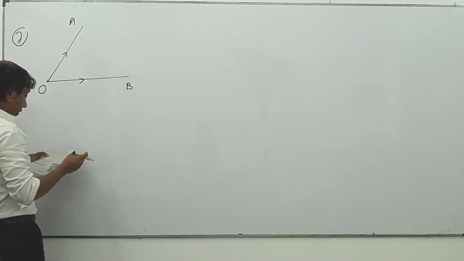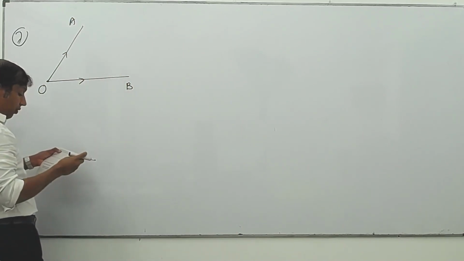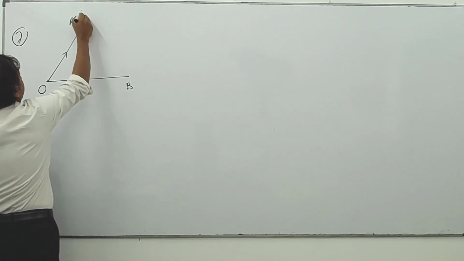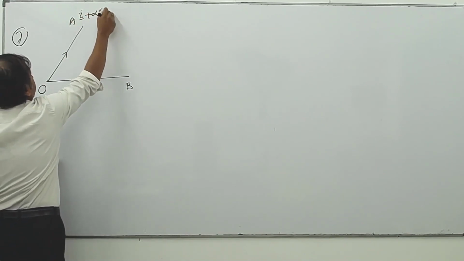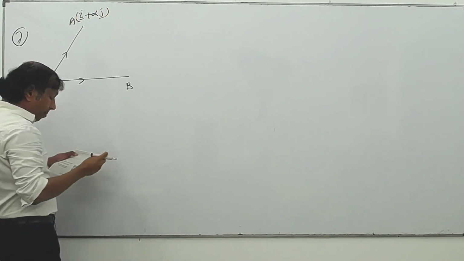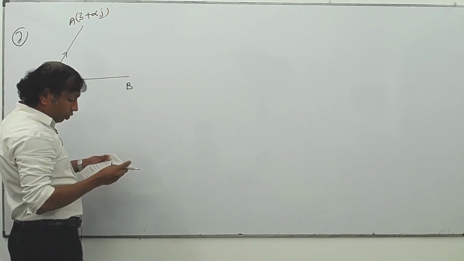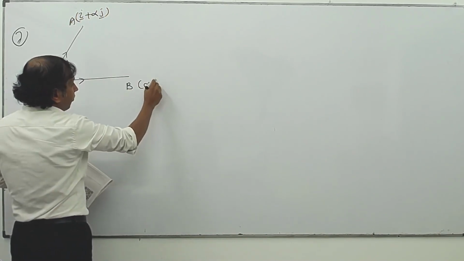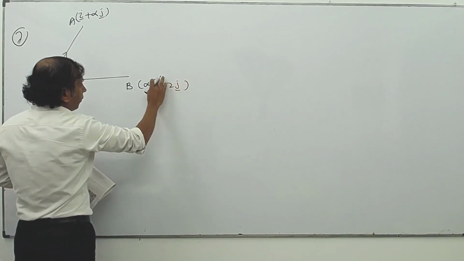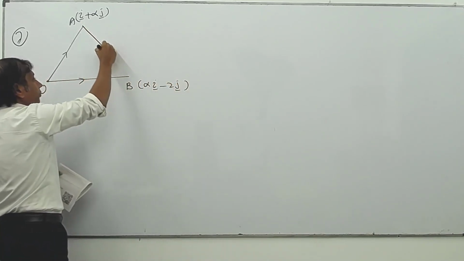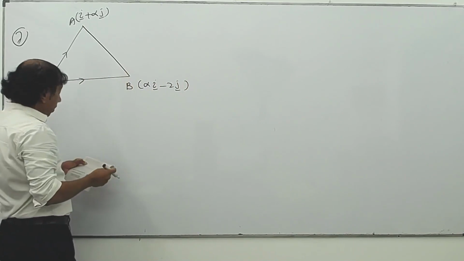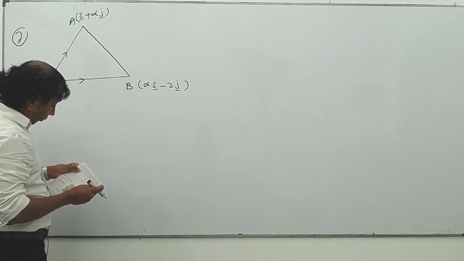Position vector of A is given as i plus alpha j, and B is alpha i minus 2j. Right, no? Let's see. Alpha positive is given.